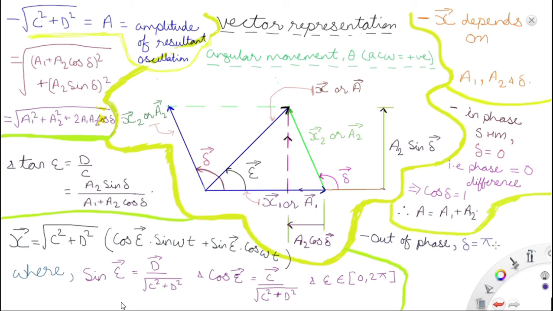Out of phase means delta is equal to pi, means exact opposite. In that case cos delta is equal to -1, and the resultant amplitude will be A1 minus A2, or A2 minus A1, whichever is positive, then the direction will be decided.